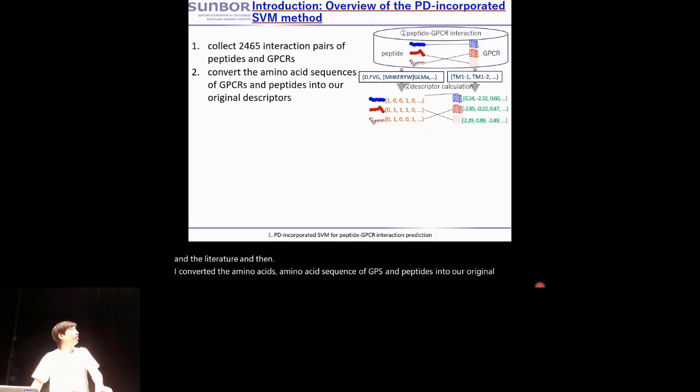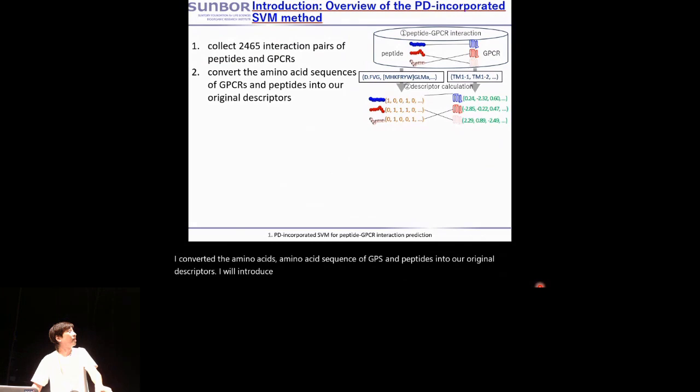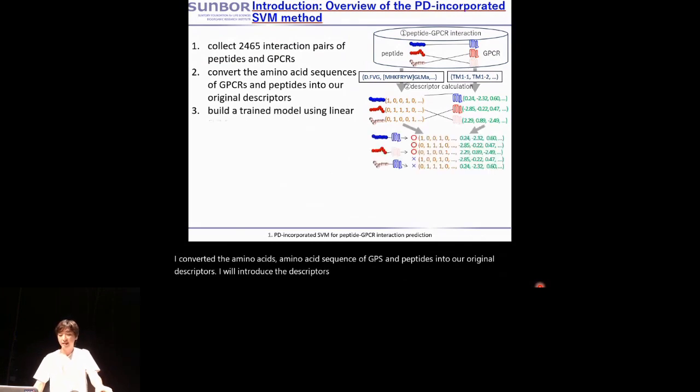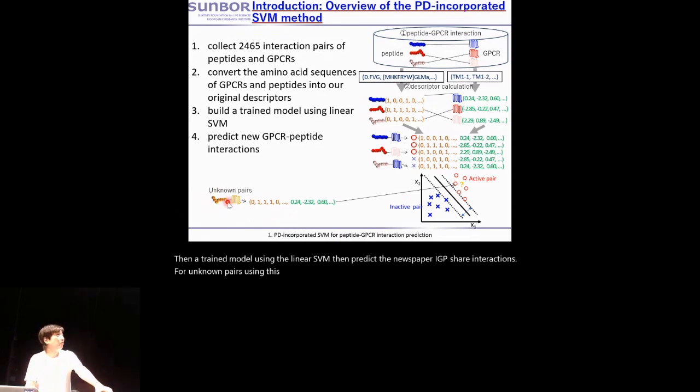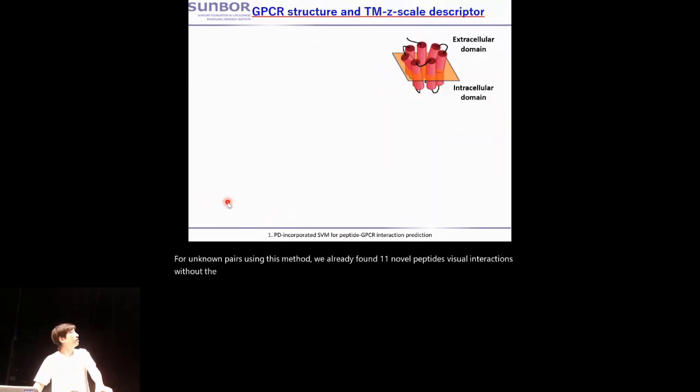I will introduce these descriptors in the next slide. Then I built a trained model using the linear SVM. Then I predicted new peptide GPCR interactions for unknown pairs. Using this method, we already found 11 novel peptide GPCR interactions without the evolutionary relationship.